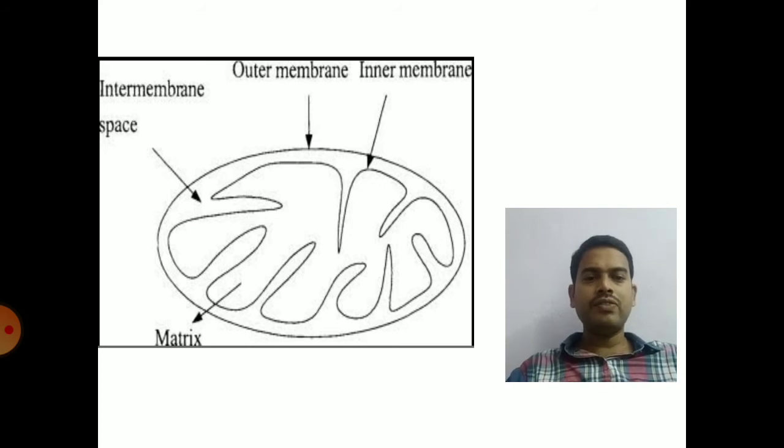The main function of this mitochondria is production of ATP. It is a basic thing that even a lower class student can answer, that mitochondria is called the powerhouse of the cell. So it will produce energy in the form of ATP.